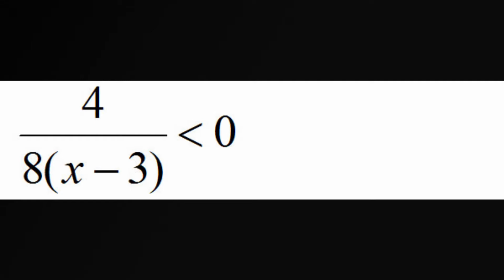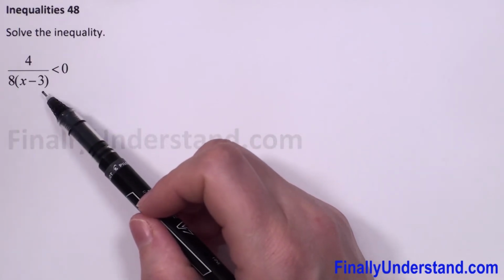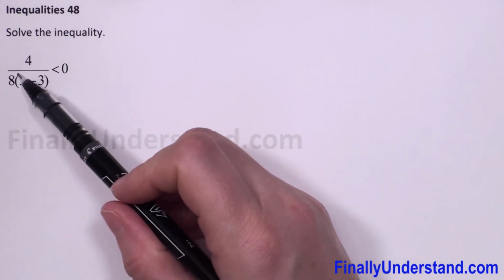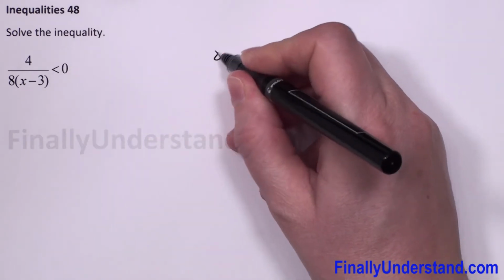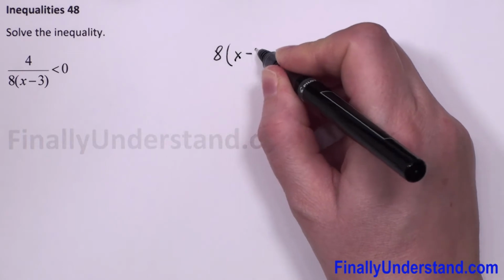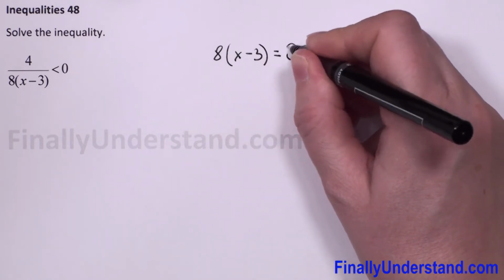Let's see our next inequality. We have a rational inequality. It means first we have to find the domain. So let's check when this denominator will be 0. We have 8 times x minus 3 equals 0.